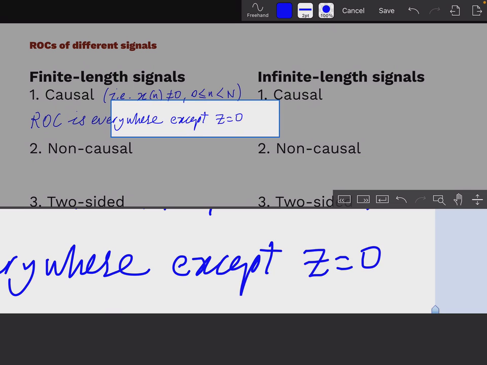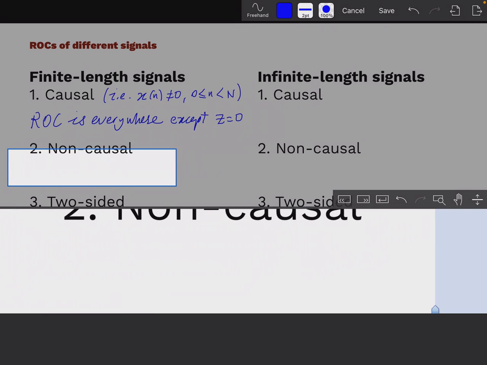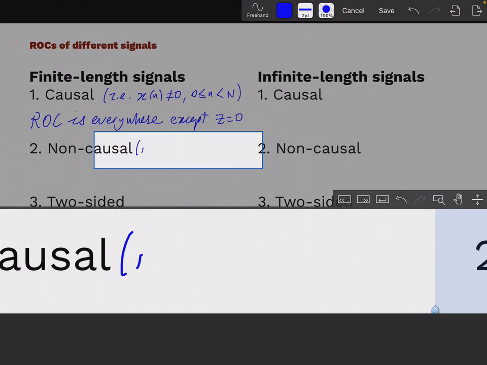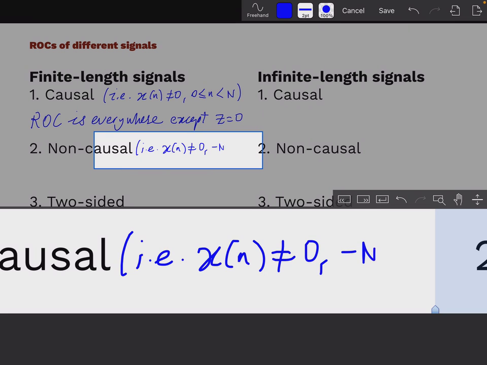So a non-causal signal or anti-causal signal, that is a signal which is not equal to 0 for another range, n less than 0.